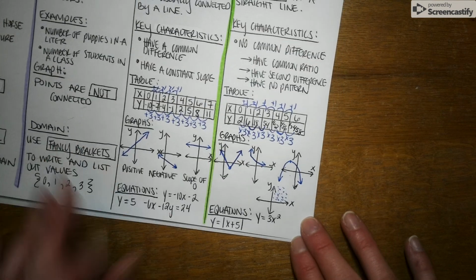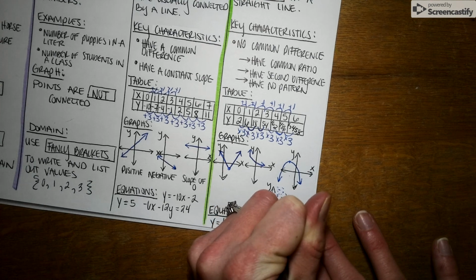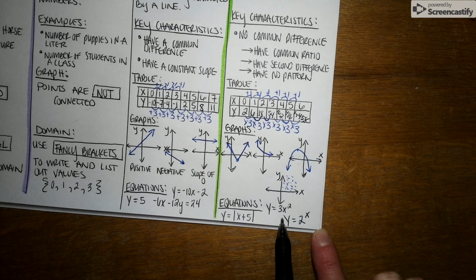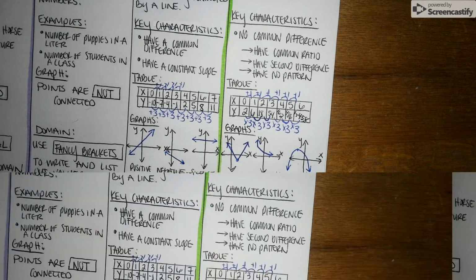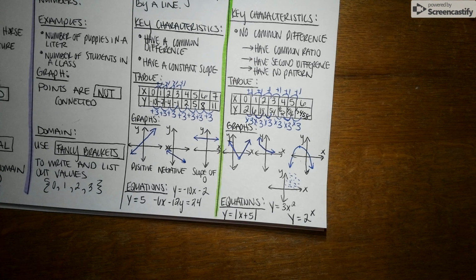And then another example of a nonlinear function is if I have x in the variable place. So here I have y equals 2 to the x exponent. Anytime x is in the exponent, that will also form a nonlinear graph.